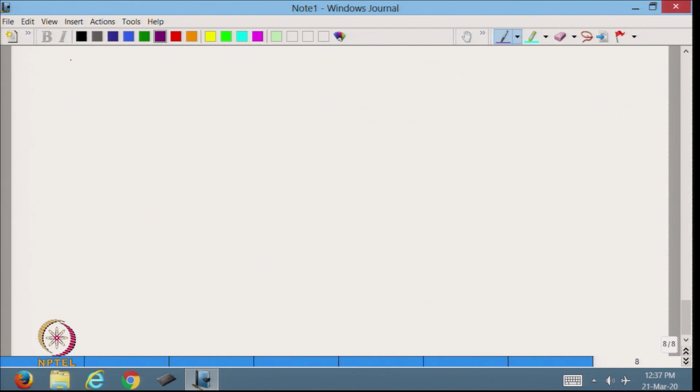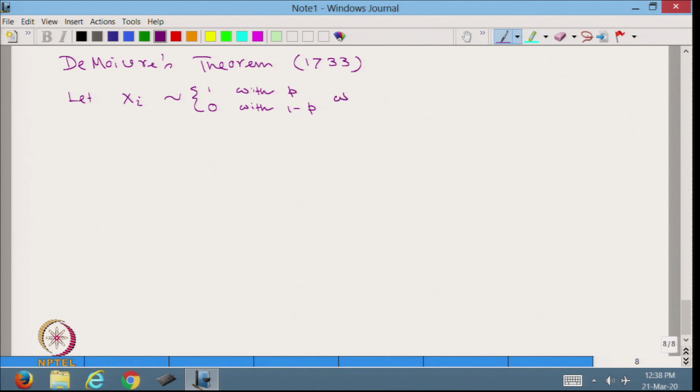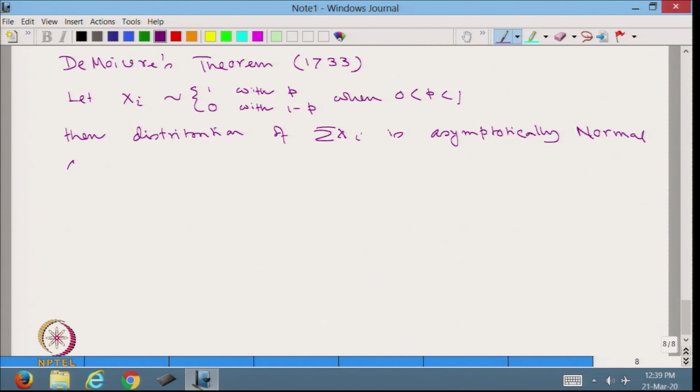One such version is de Moivre's theorem, which came in the year 1733, which says that let xi be distributed as 1 with probability p and 0 with probability 1 minus p, where 0 less than p less than 1, then the distribution of sigma xi is asymptotically normal when the xi's are independent.